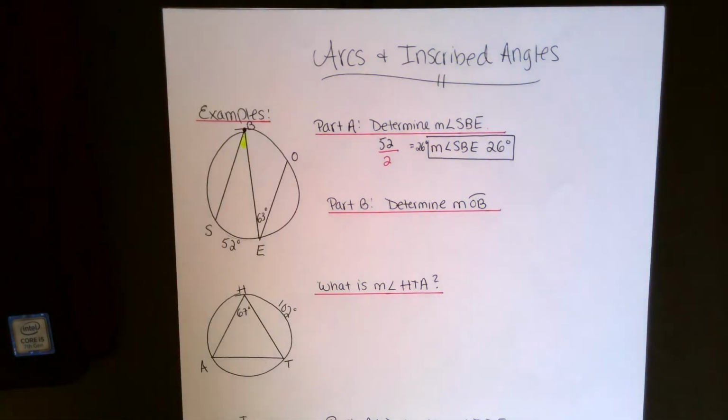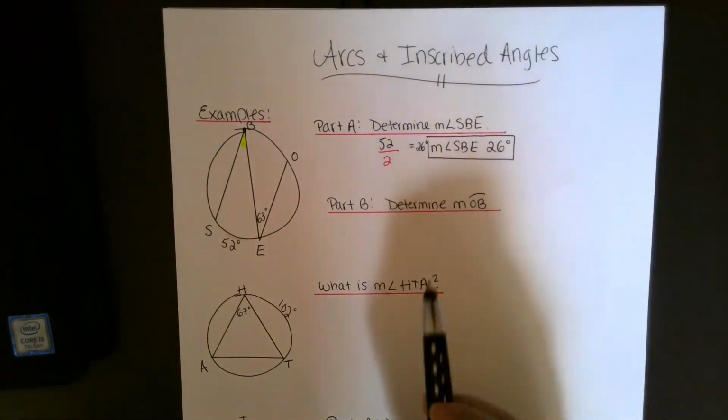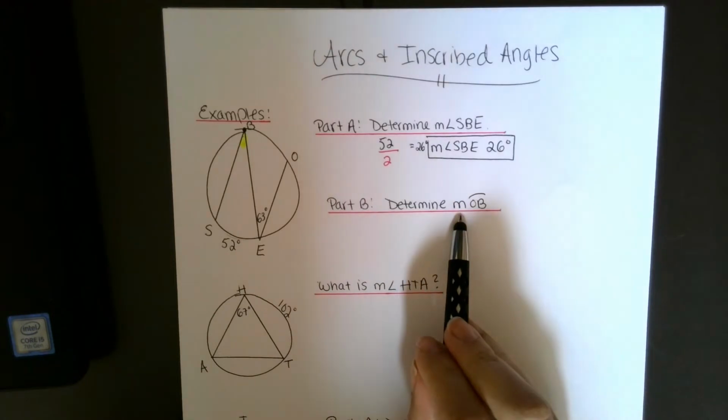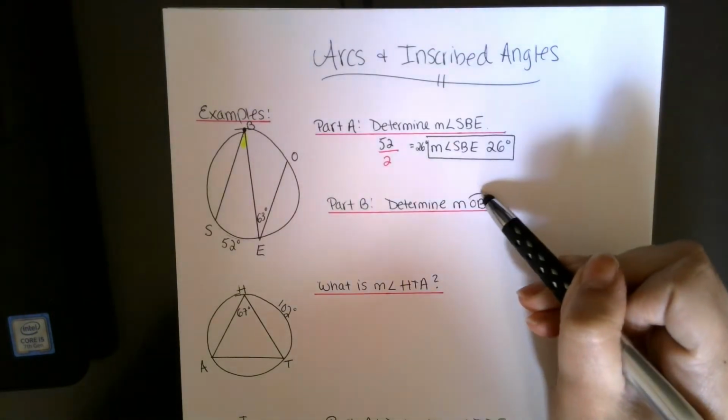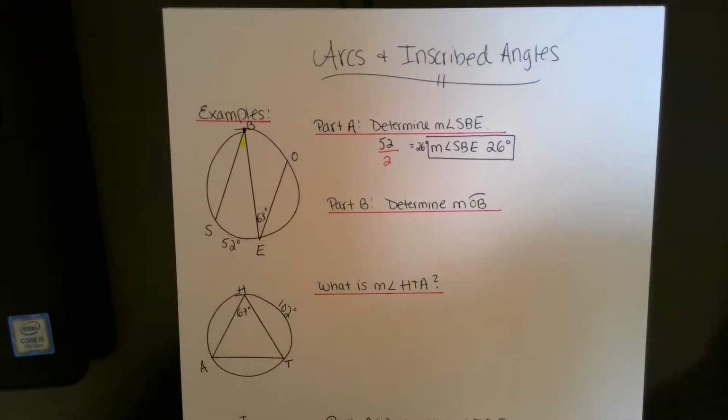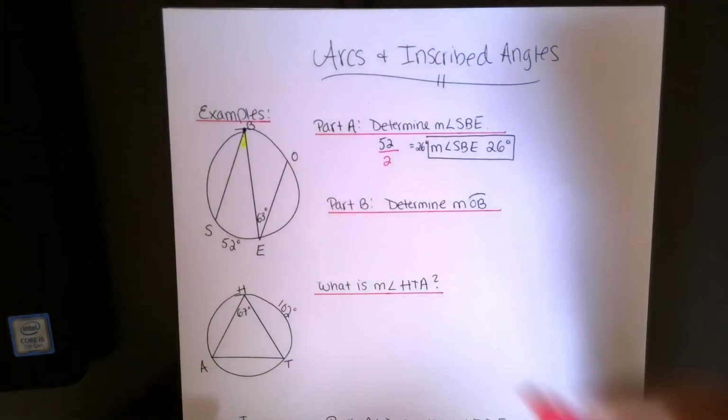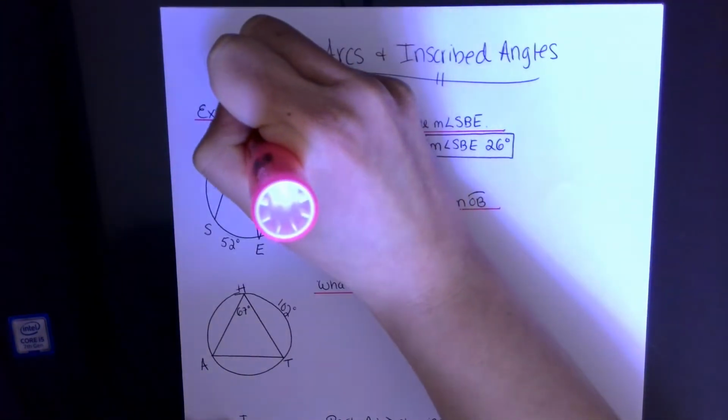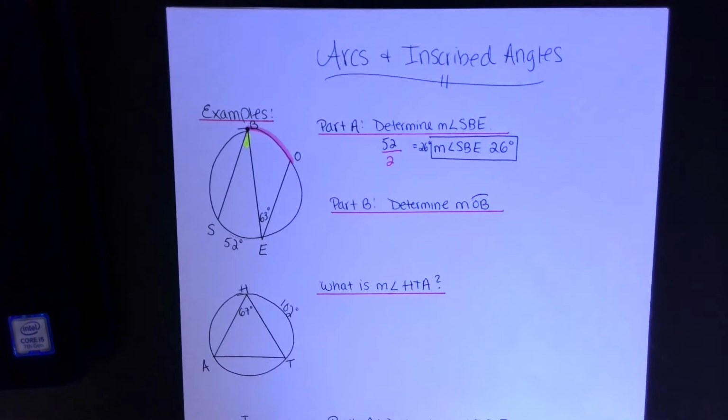Okay, so next. For part B, determine the measure of arc OB. So the arc OB is right here. I want to find what that measure is.